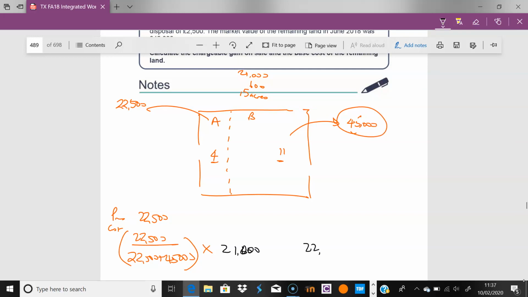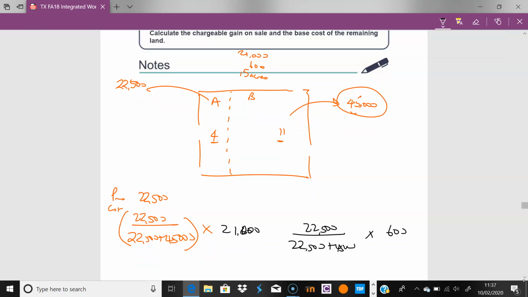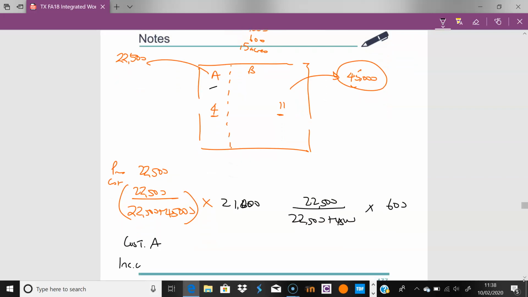I'll do exactly the same thing with 22,500 plus 45,000 times 600, because I'm trying to get the cost of A and the incidental costs of A. So the cost of A is this thing times this, and that's 22,500 divided by 22,500 plus 45,000 times 21,000, and that's 7,000.